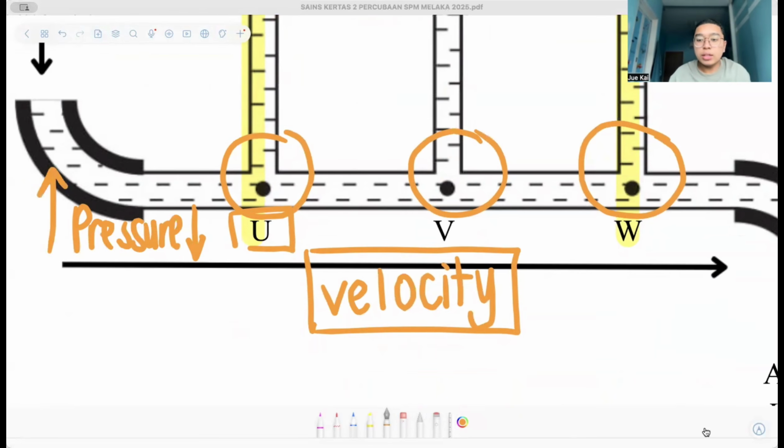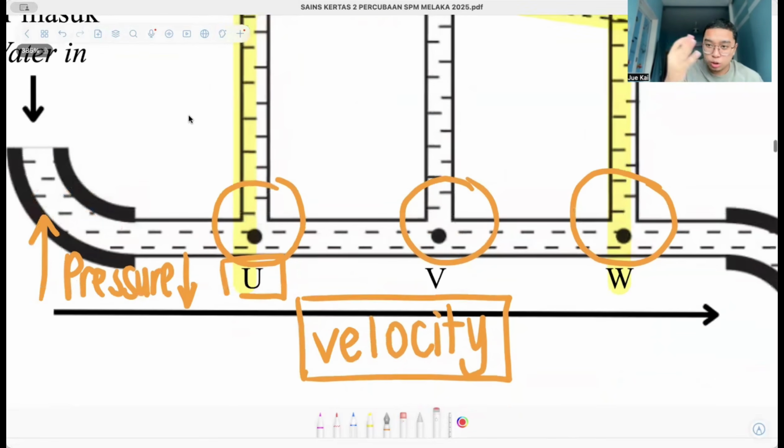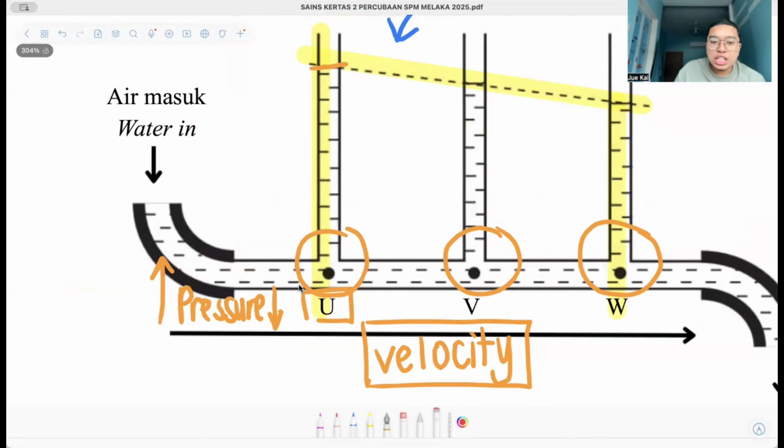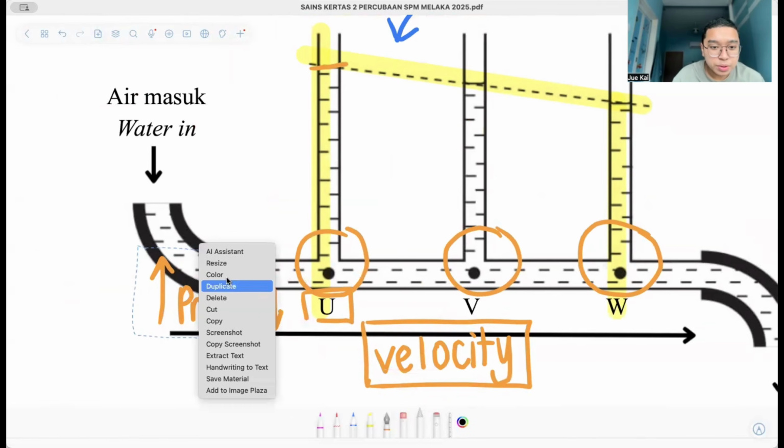I teach slowly. When the velocity is low, I think I cannot use the same color because I'm also confused.